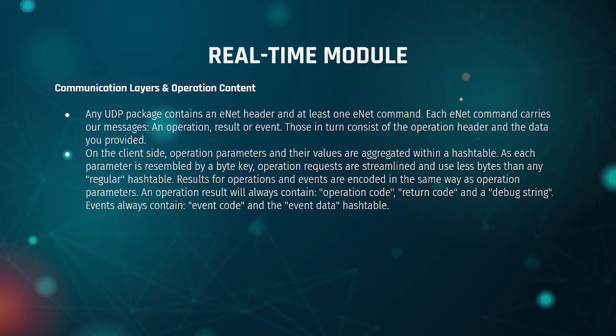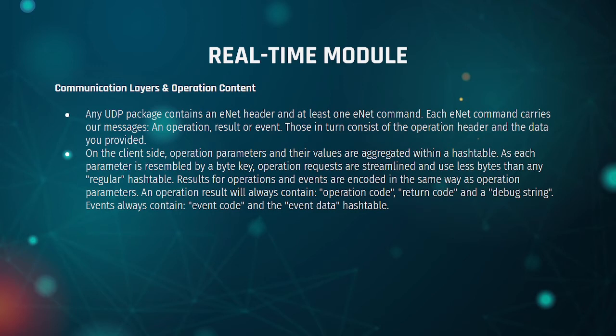Any UDP package contains this kind of header and at least one command. This command carries the message, for example, when you join a room, there is a message with an operation and a result of this operation. There is an operation header for the data you provide.